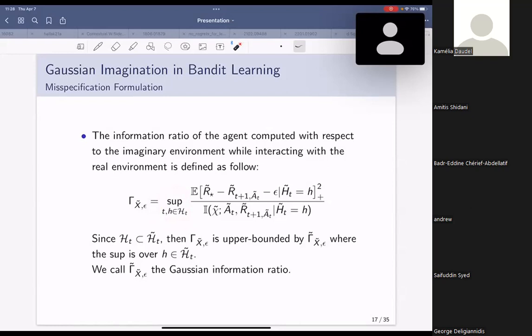And because, as we mentioned, H t is a subset of H tilde t, this gamma here is upper bounded by gamma tilde. And gamma tilde is basically the information ratio if the agent was actually playing in the Gaussian environment.